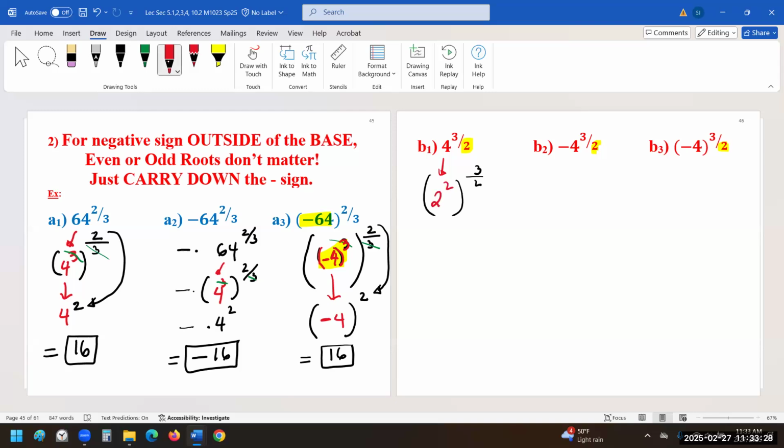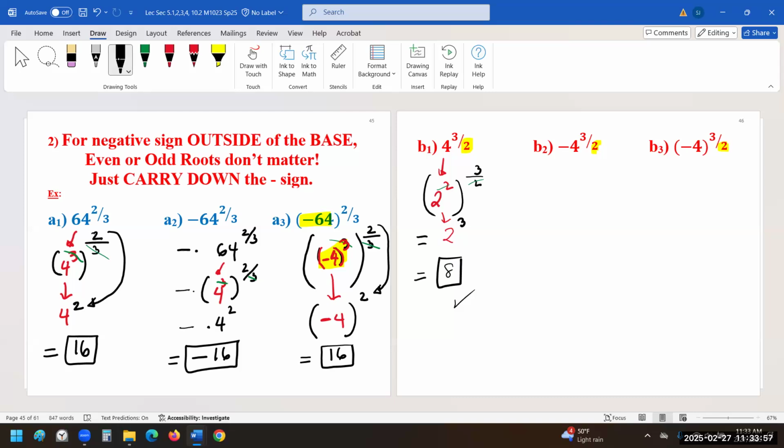And then what happens? 2's cancel out. So what is left? 2 from the inside. And what from the outside? 3. That means you're multiplying 2 three times. So what do you get? 8. So it's a real number. We are happy.